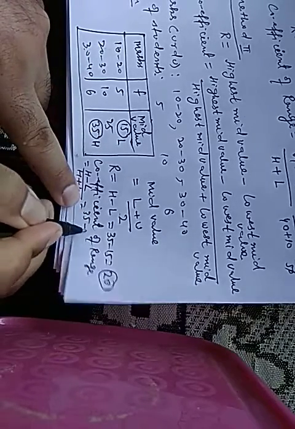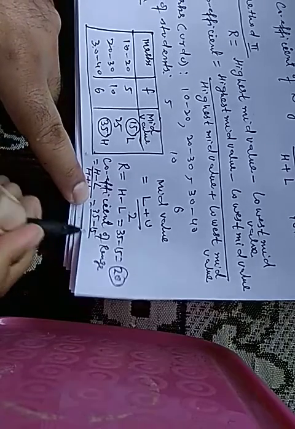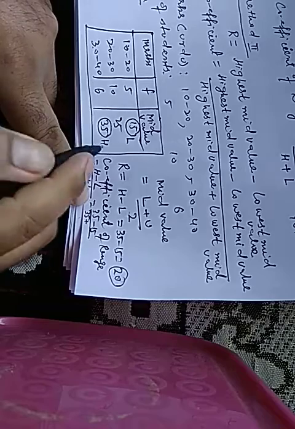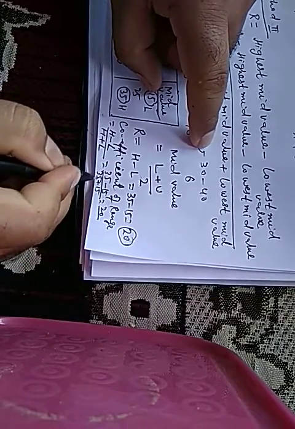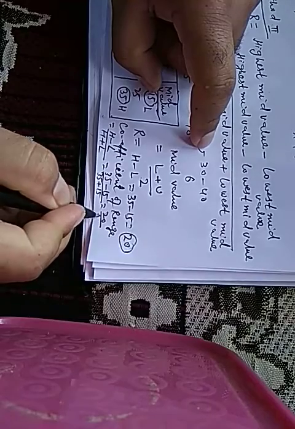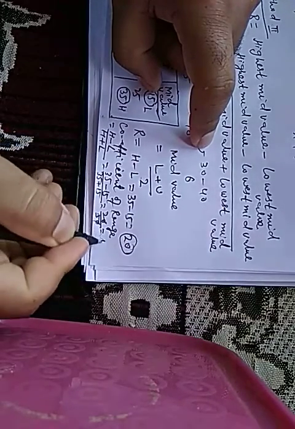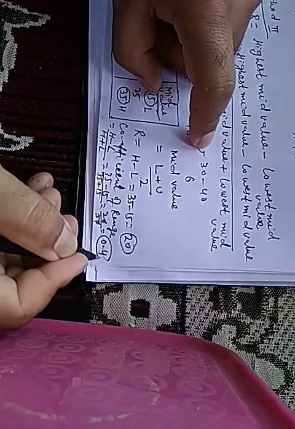Highest mid value is 35 minus lowest mid value is 15, divided by highest mid value is 35 plus lowest mid value is 15. It will be equal to 20 divided by 35 plus 15, which is 50. This and this will cancel, it will be equal to 0.4, the coefficient of range.